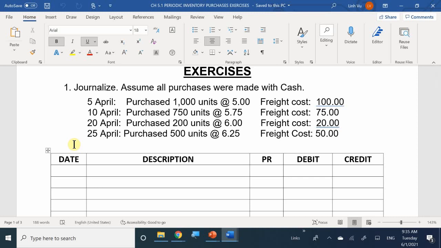I'm specifying how you're going to make a payment for these purchases. All right. So on April 5th, we purchased 1,000 units at $5 each with the freight cost of $100. So how do we journalize this? How do we record this transaction?